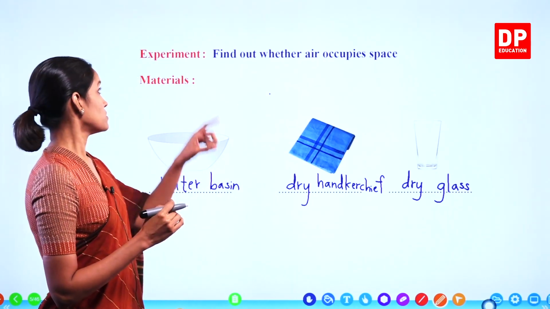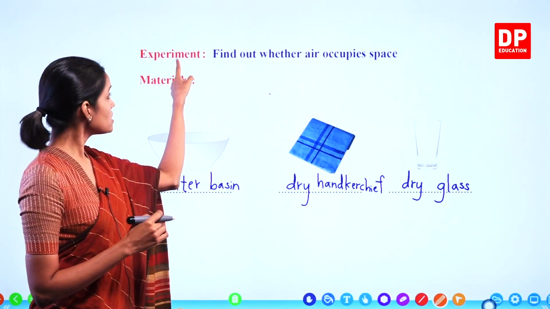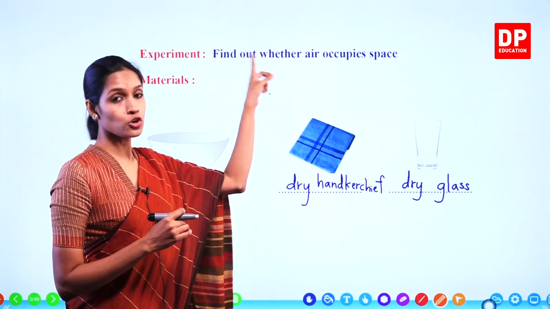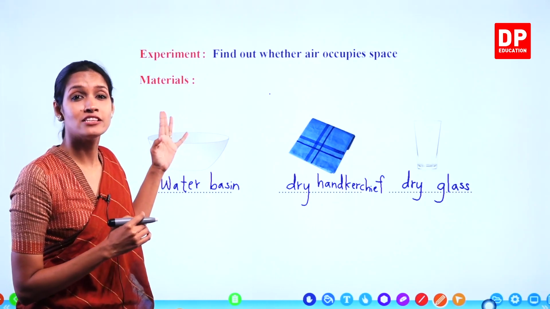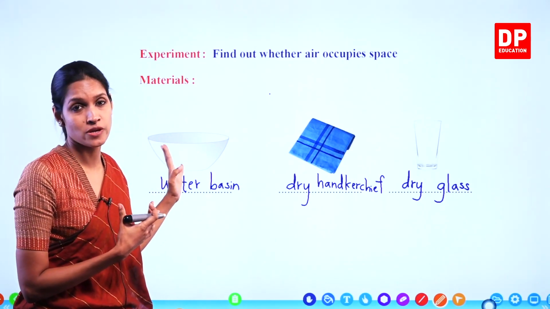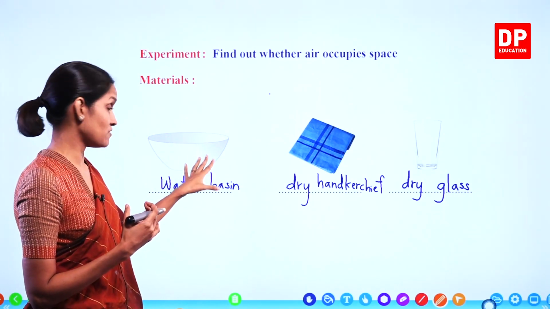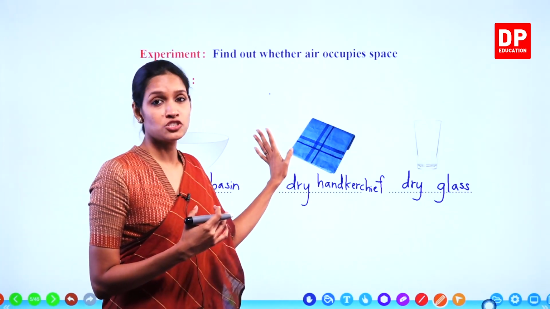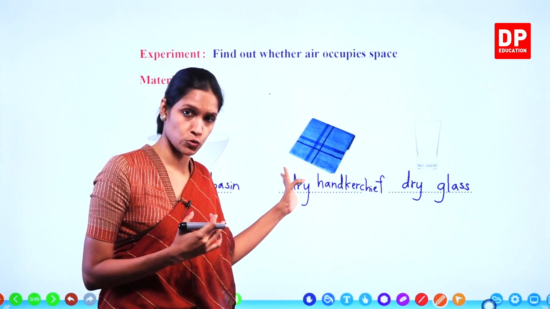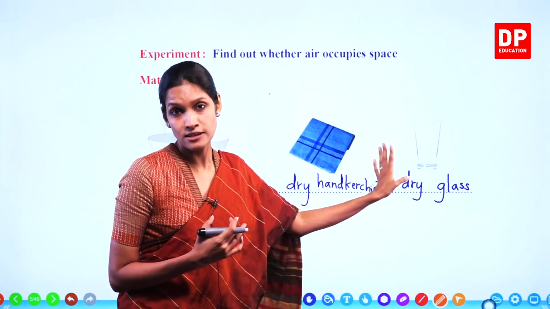Right. So the first step, experiment: find out whether air occupies space. And step 2, materials, the things you need to do this experiment. We need a water basin. You can fill the basin with water. Understand? And we need a dry handkerchief or dry tissues and a dry glass.